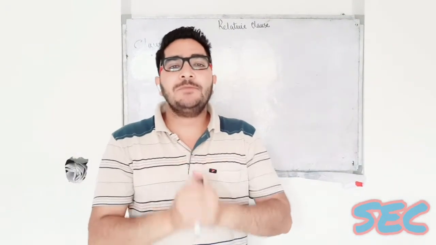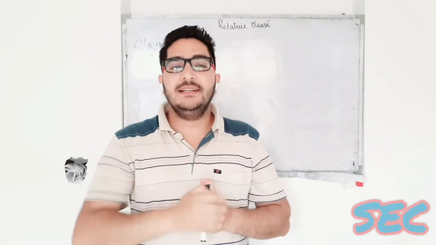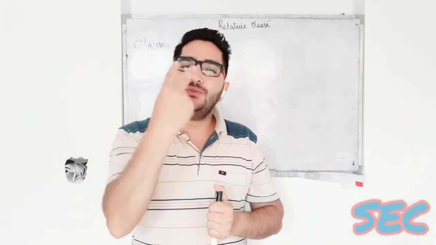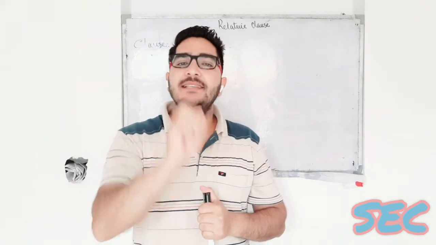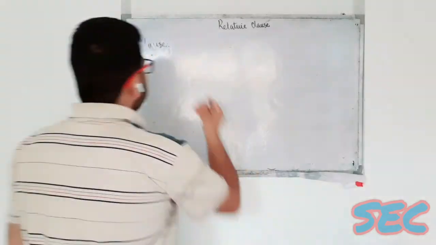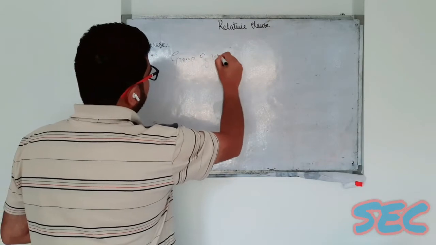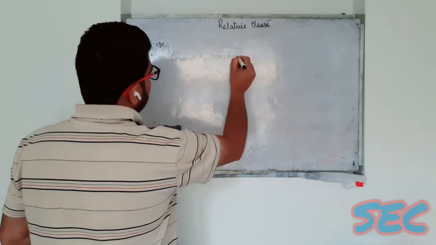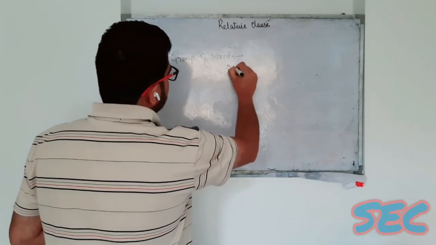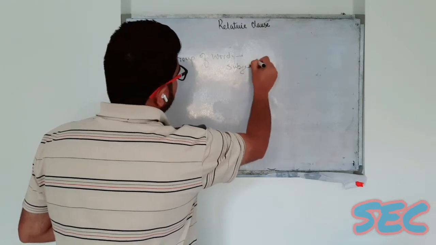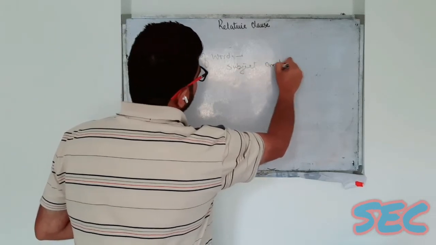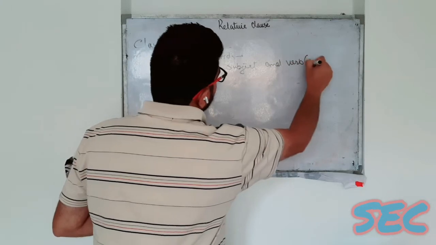See, as far as the clause is concerned, a clause has 2 parts at least. A clause is a group of words that contains a subject and a verb, or predicate we call.